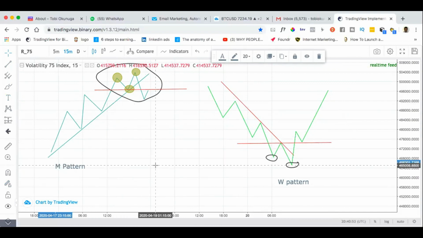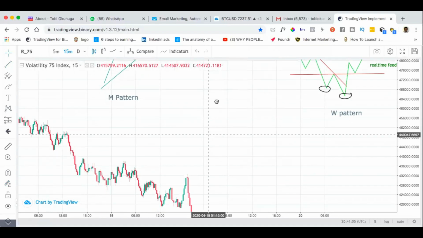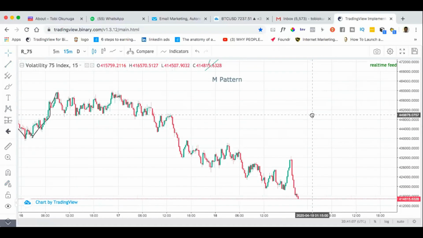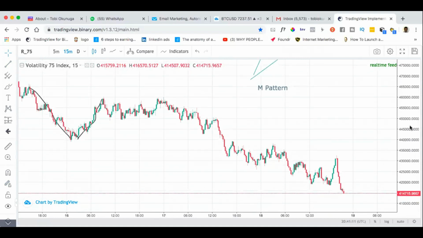Okay, so now let's get straight to business. Let me show you exactly how to trade this on your normal market representation. Depending on your account size, if you are trading volatility with a very low account, you want to stick to the 5 minutes or the 15 minutes.